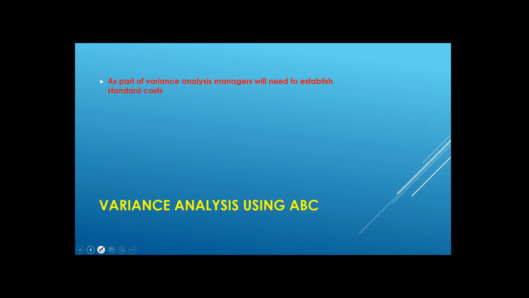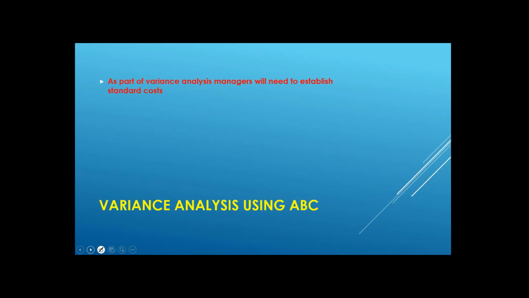So what about activity-based costing? Remember, we were looking at a more detailed analysis of your overheads. Direct material, there is no problem. Direct labor, there is no problem. It is basically a more detailed analysis of your overhead cost.